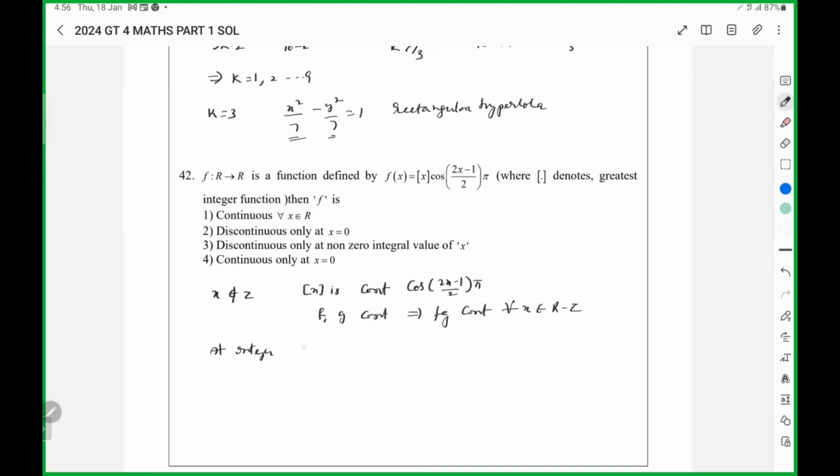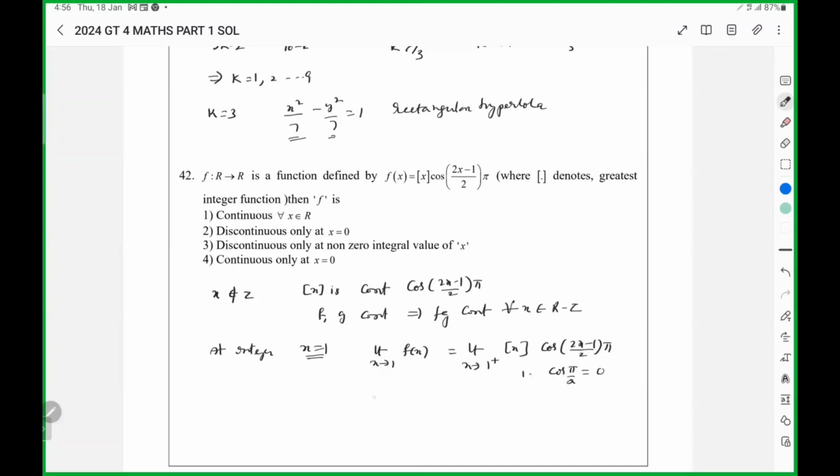For example, x is 1 if I take, limit x tends to 1, f of x if I calculate, first of all, right limit, it's 1 into cos 90.